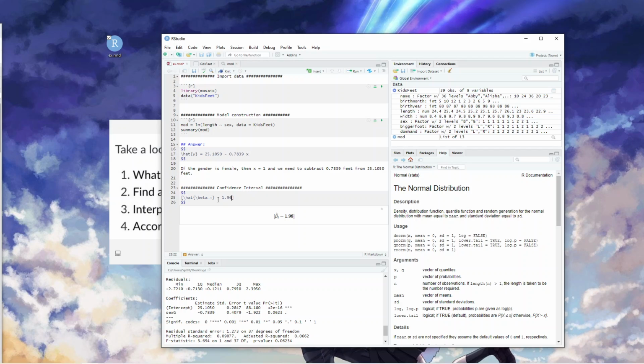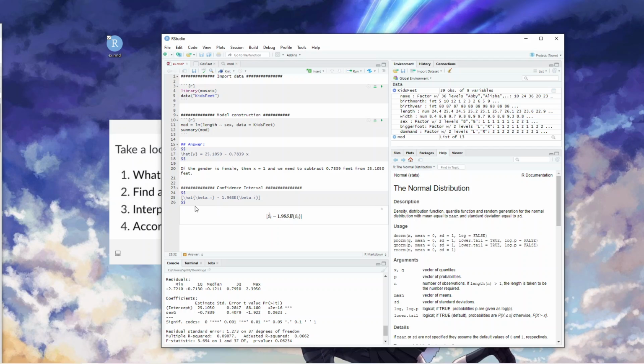So we need to take the 5% and divide it by 2, and that's 2.5% on each tail. Remember the bell-shaped normal distribution, right? If we want our data to fit into the bell shape, we need to take some part from the left tail and some part from the right tail. That's why we have the 95%. And then the standard error of beta i.